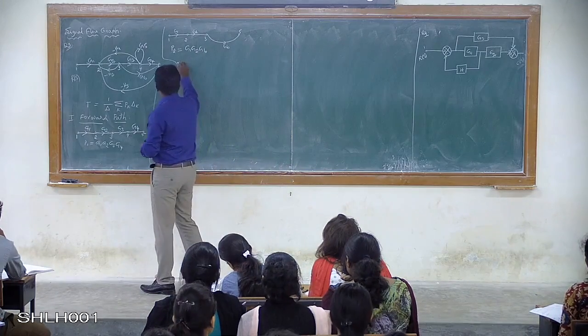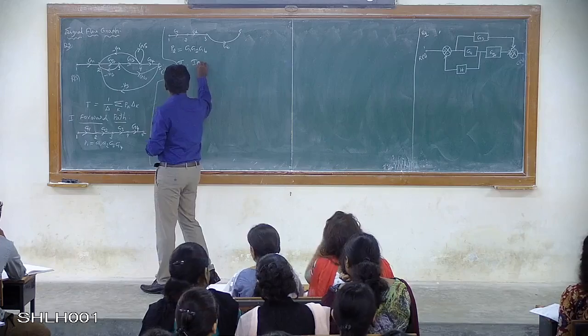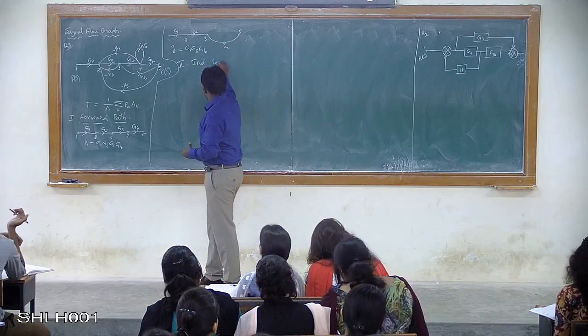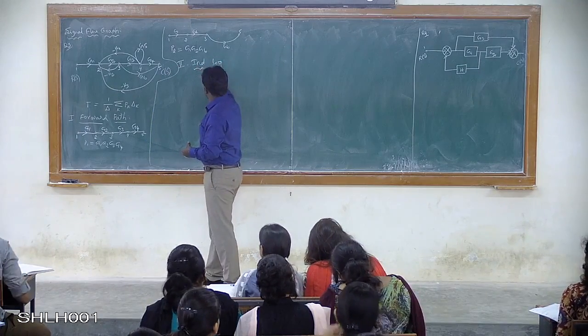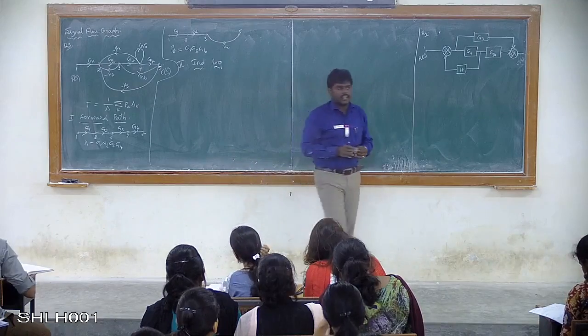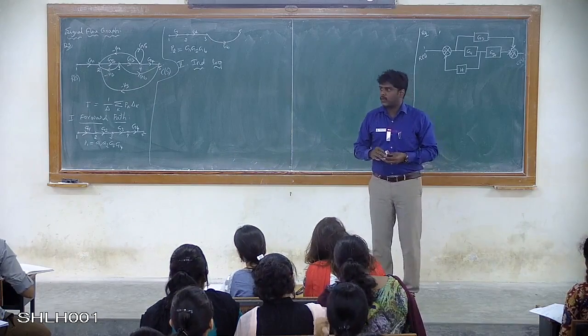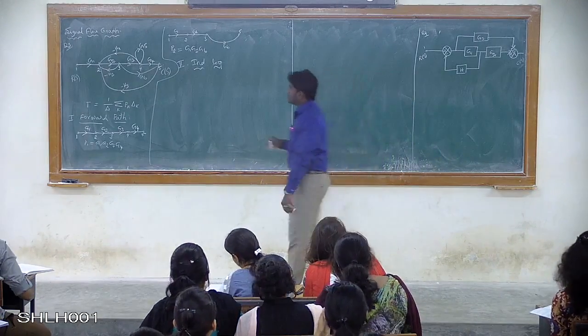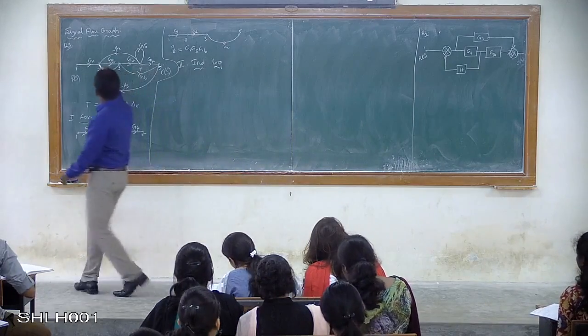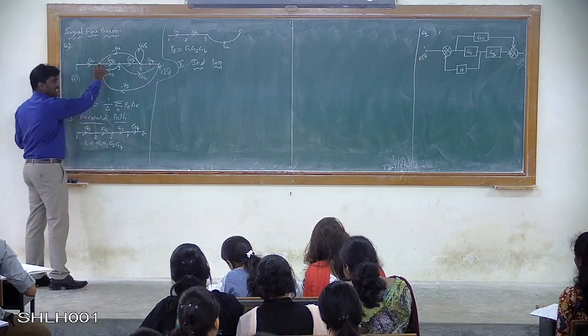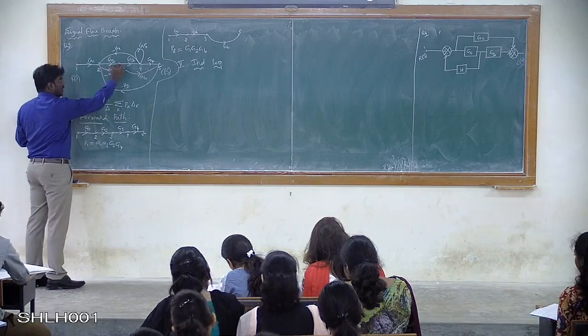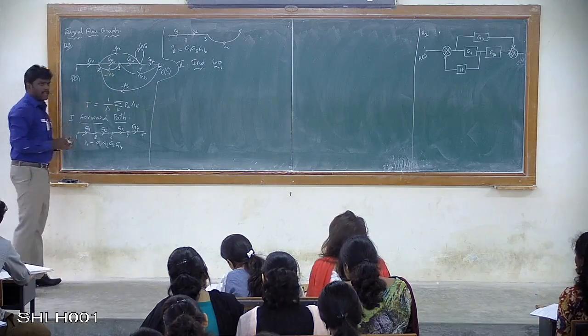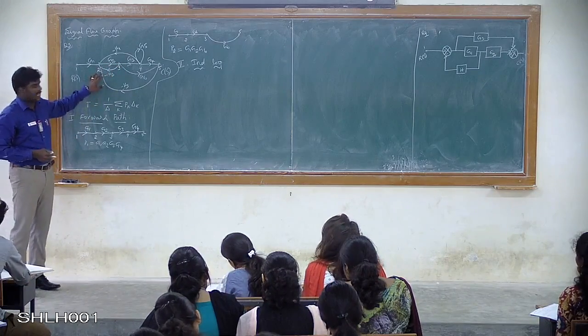The next step is finding the individual loops in the given signal flow graph. An individual loop has to start at one node, go in the forward direction, and then come back and end at the node we started from.